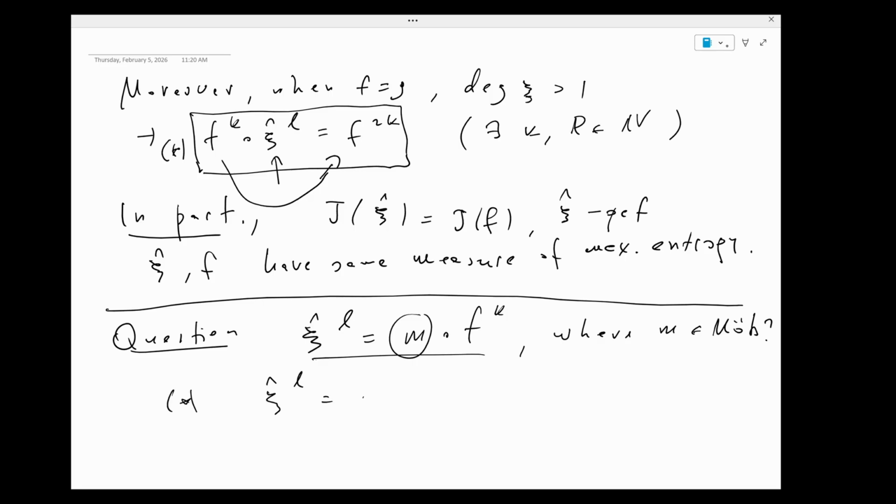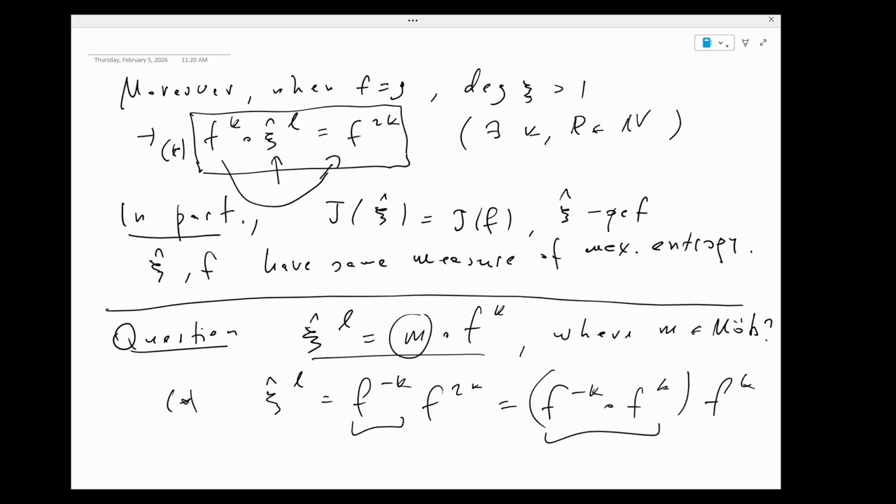We can write it like this: f minus k f2k. But this is somehow a multivalued function, right? So the equation, or you can also write it like this if you want: f minus k fk. Same thing. This is multivalued.